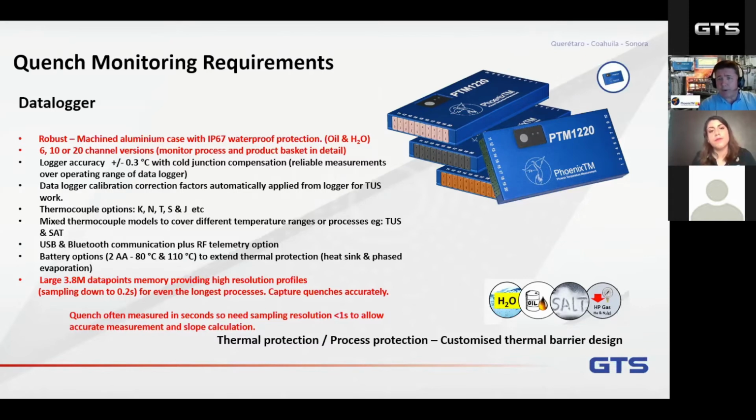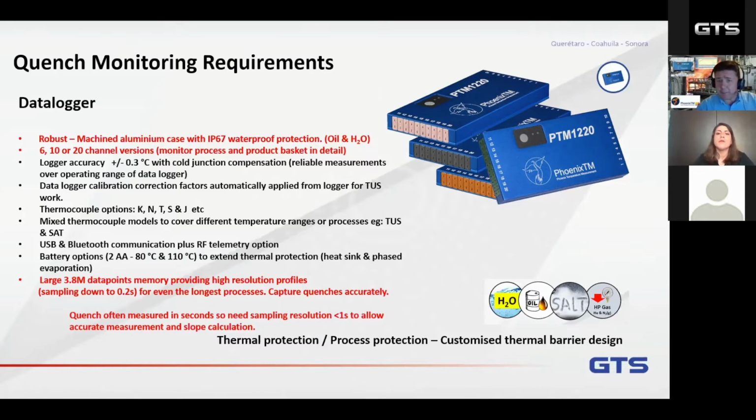For quench monitoring, though, it's important we consider some important design criteria for the data logger itself, because you can't necessarily use a standard off-the-shelf data logger for those very harsh monitoring requirements, where you're going from maybe a furnace that's typically at 900 degrees into an oil quench that's at just below 100 degrees into an oil tank.